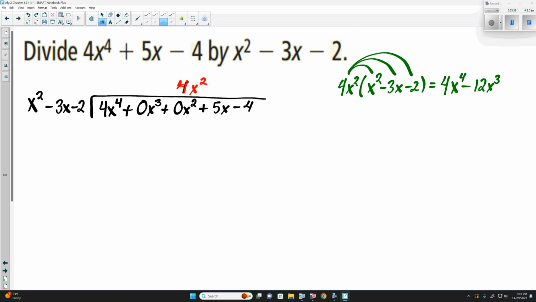And 4x squared times negative 2 is negative 8x squared. And then we will subtract.